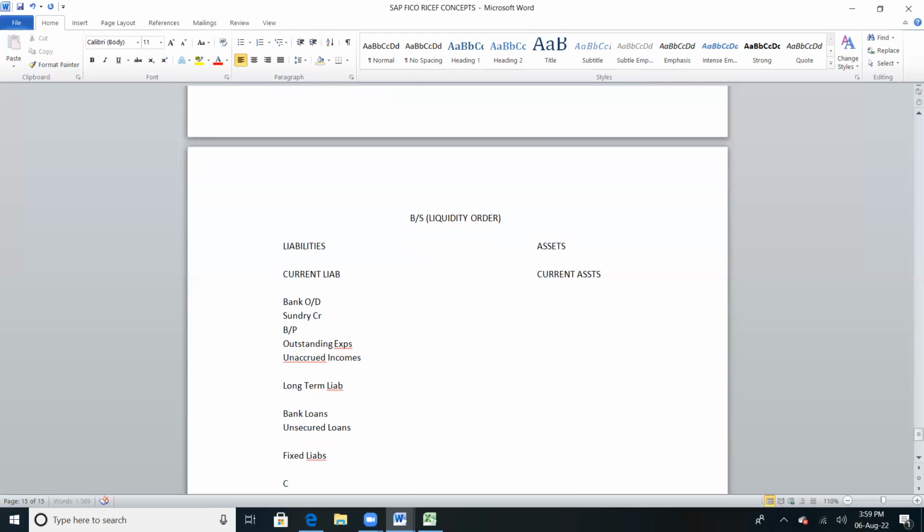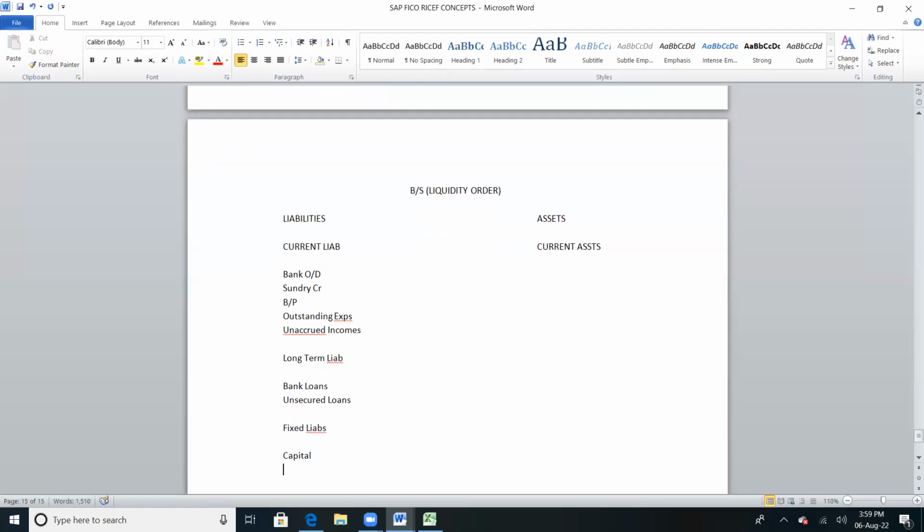Under fixed liabilities, capital. If any, add net profit, or if it is loss, we will deduct, less net loss. Next one, if any drawings are there, we will deduct drawings. Understood this?